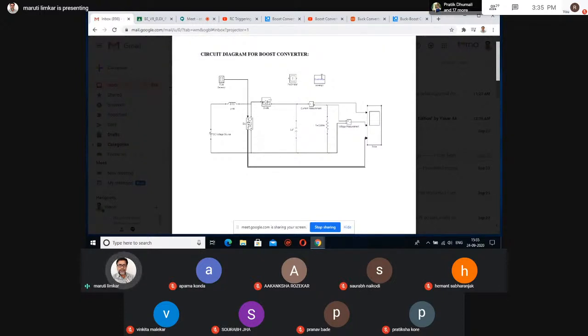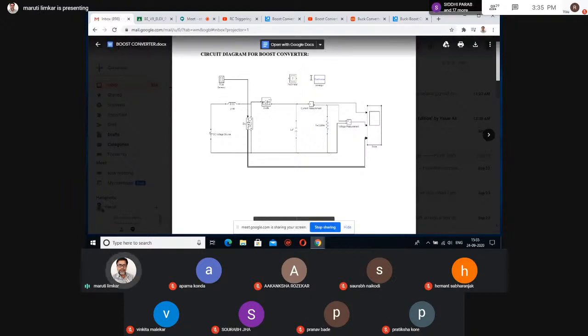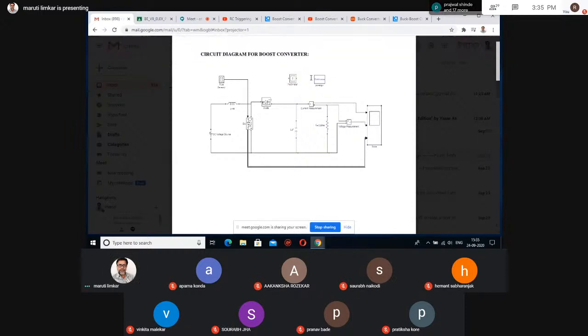You have to select continuous signal. Always, if you want to observe the continuous output, you have to keep this. Already it is available in the library of MATLAB Simulink. So from there you have to select this block and keep it as it is. Don't connect it anywhere, only keep it there.